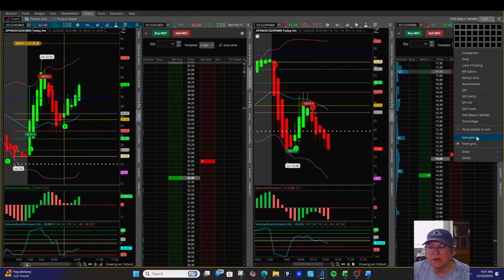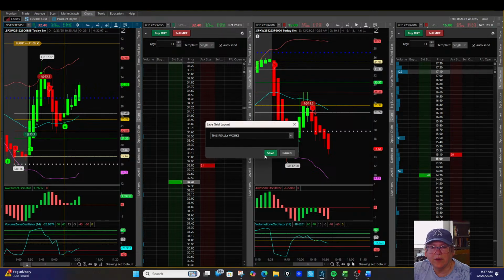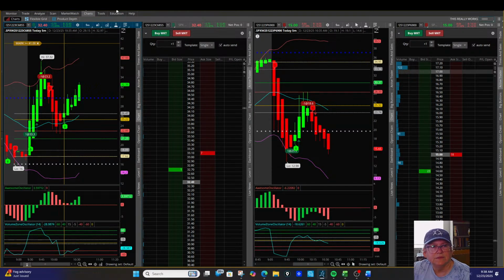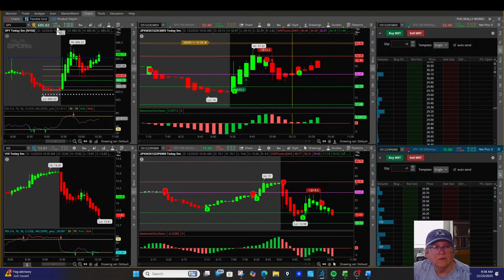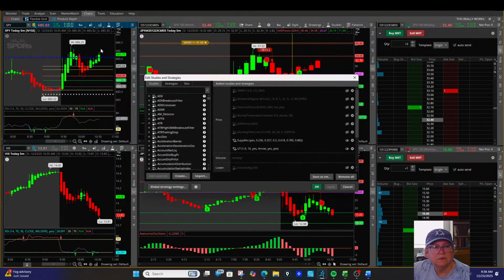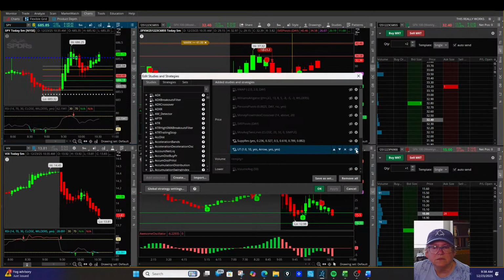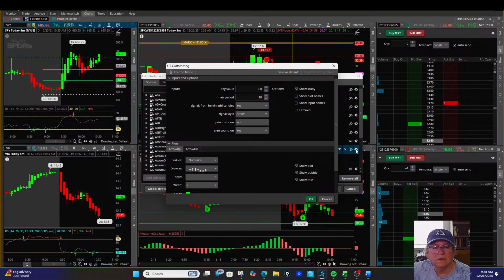I'm going to save this grid. I do that periodically. And yes, this really works. Let's see if I have anything here. That might be the culprit.